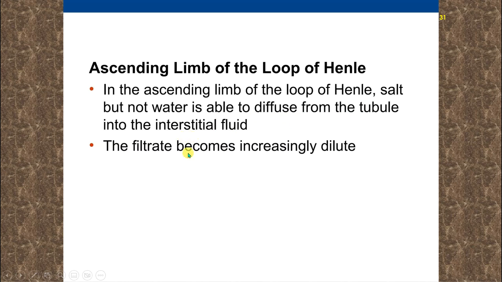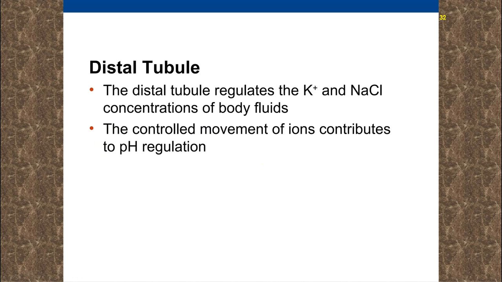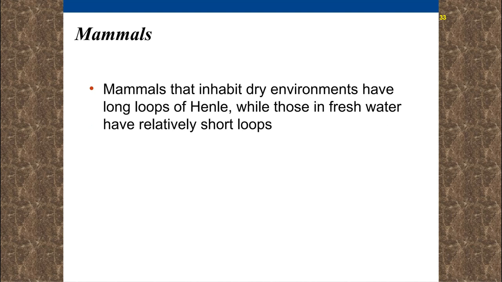That's why the filtrate becomes increasingly diluted, whereas the water is retained and the salt is getting out by active transport. Whereas the distal convoluted tubules regulate potassium and sodium ion concentrations in the body fluids. So the controlled movement of the ions contributes to the pH regulation in the body.